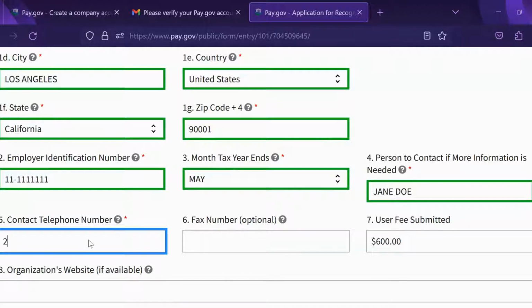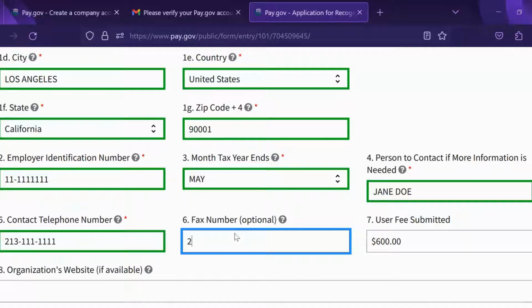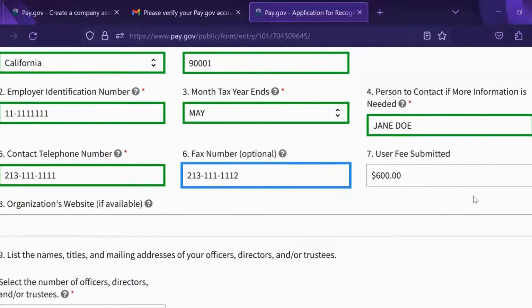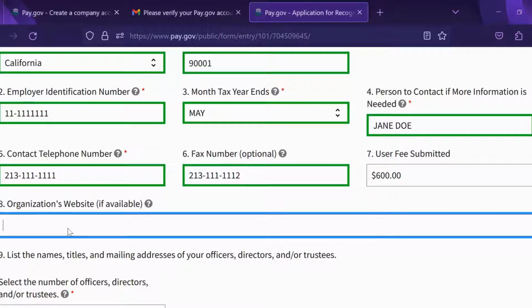Her telephone number. Her fax number. And the fee to complete the 501(c)(3) application is going to be $600. We're going to enter Jane's website address.